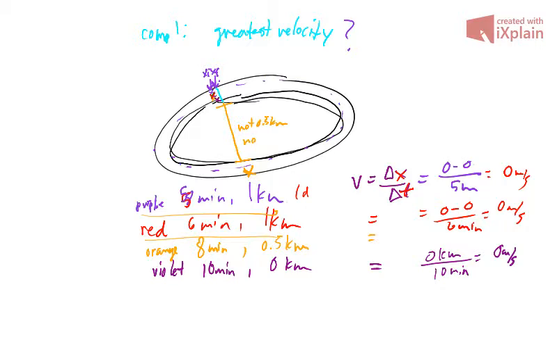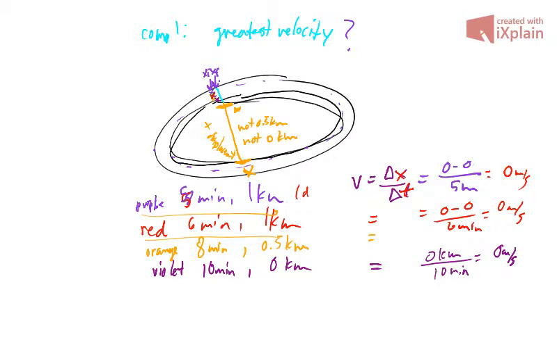So this is not 0 kilometers either. So this has a positive displacement. I don't know what it is exactly. It depends on the shape and all this. But maybe we'll say it could be like a quarter of a kilometer.